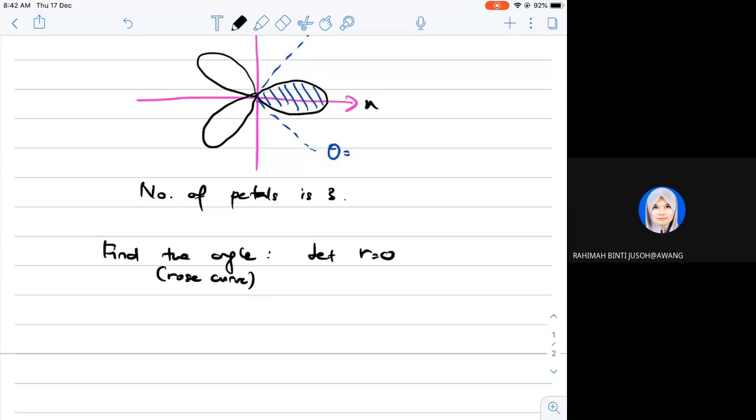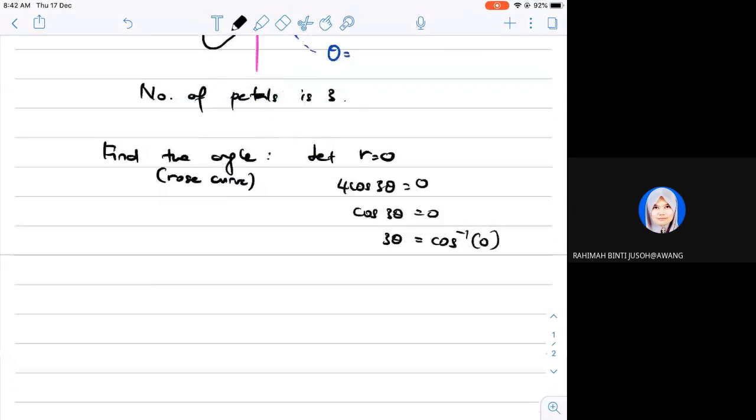We have r equals 4 cos 3 theta equals 0. So cos 3 theta equals 0. Therefore, 3 theta is arc cos 0. If you use your calculator, shift cos 0 is equal to pi over 2, or 90 degrees.